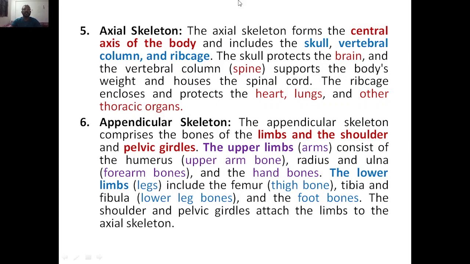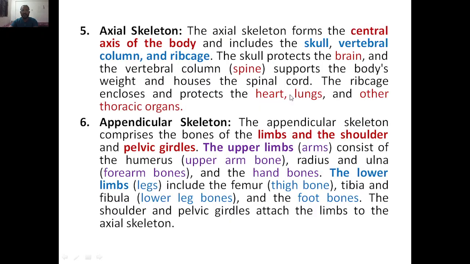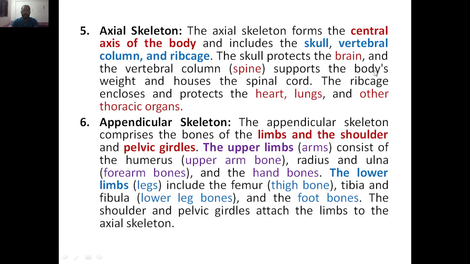So axial skeleton is a skeleton that forms the central axis of the body, that includes the skull, vertebral column and rib cage. So all these things come under axial. Okay, skull, all the ribs, as well as the vertebral column here. Okay, this is axial skeleton. Next, the skull protects the brain.